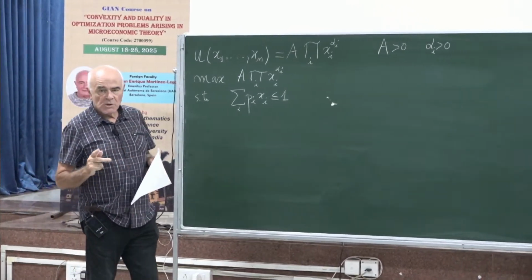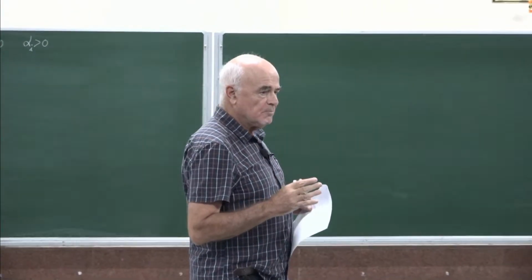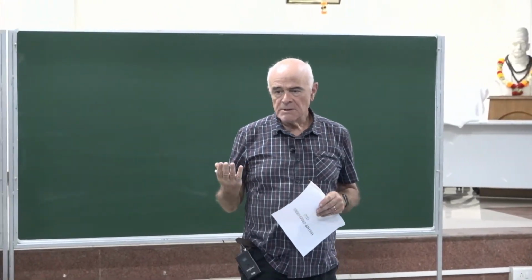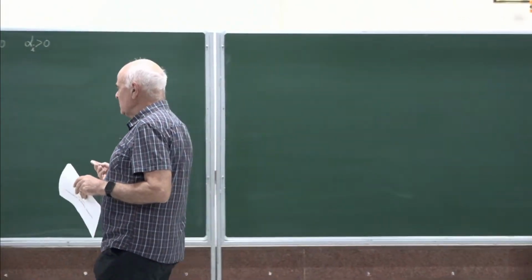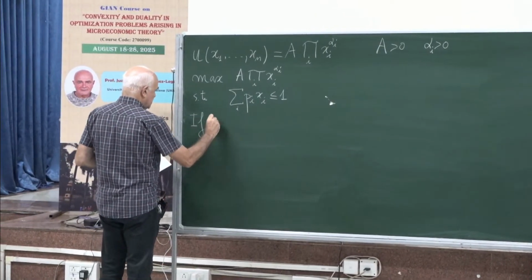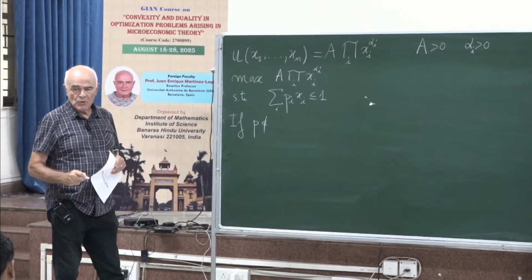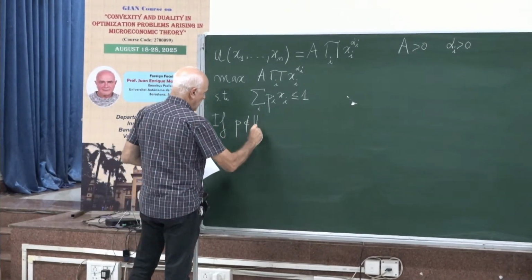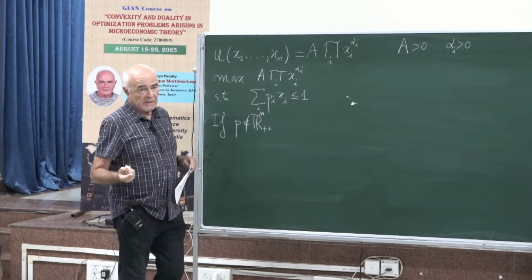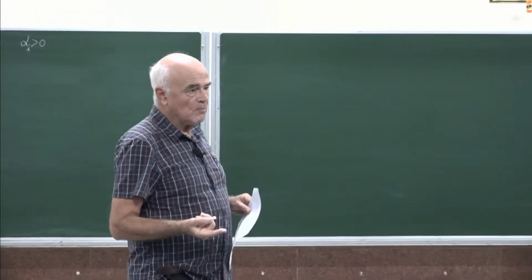Now we have to distinguish because in producer theory, prices were always strictly positive. Now they are allowed to be zero, some prices. So I first consider the case when p is not in the strictly positive orthant. So p is non-negative always, but it may have some zero component now.